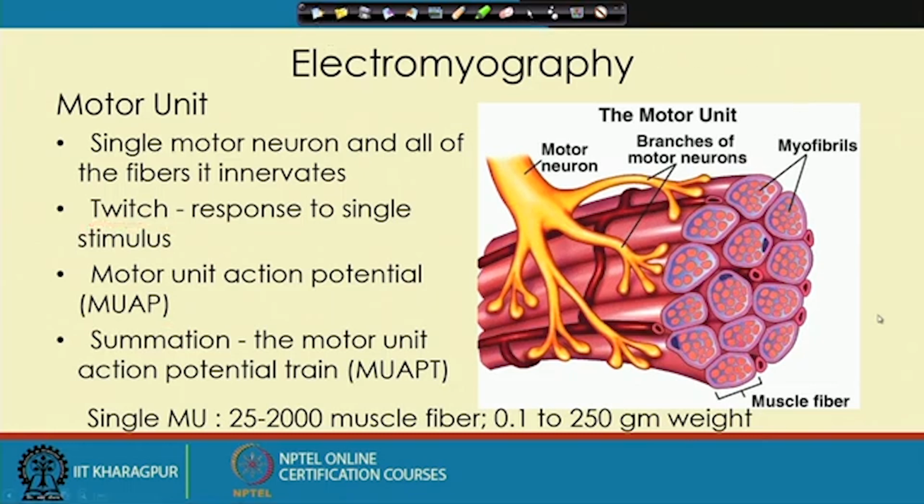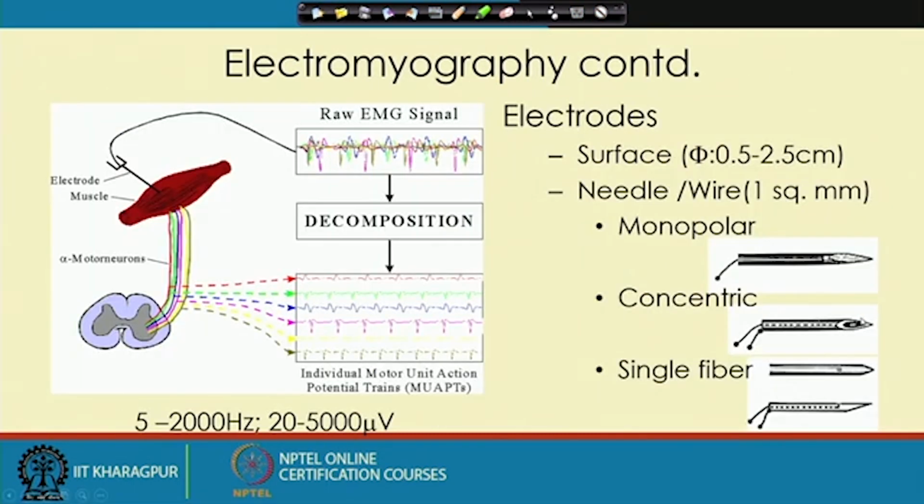So, now let us move forward and see how the signal looks. Here we are showing some of the signals. Usually we collect the signal from the skin, and there we will not be able to get the signal from a particular motor unit.